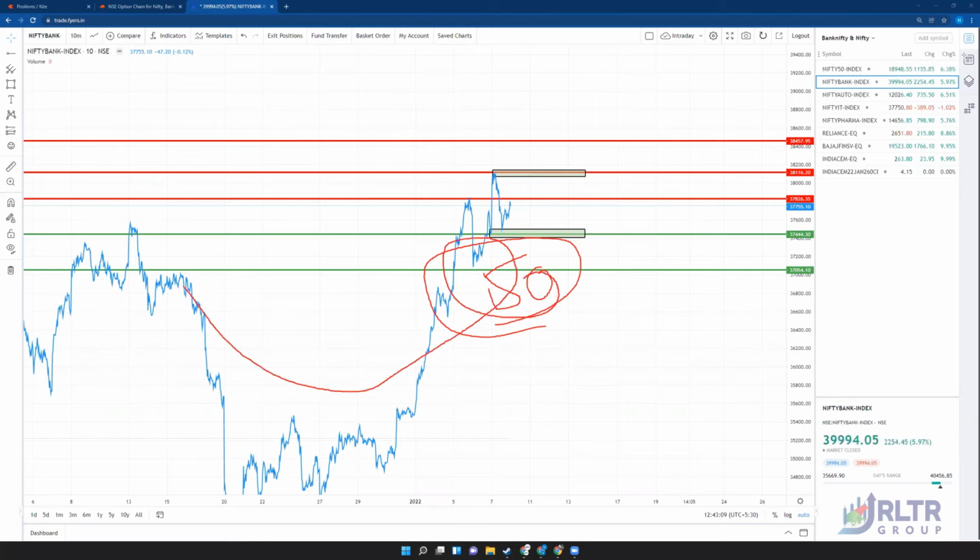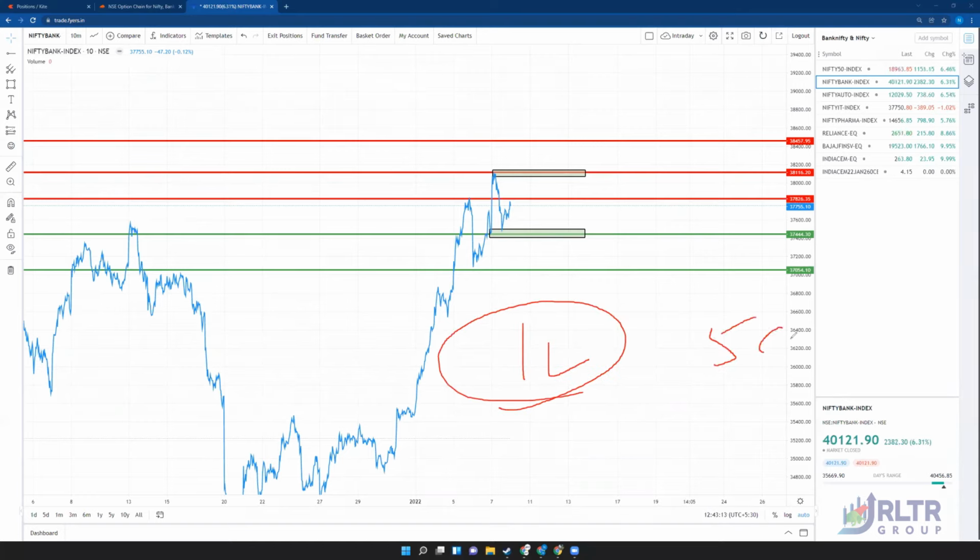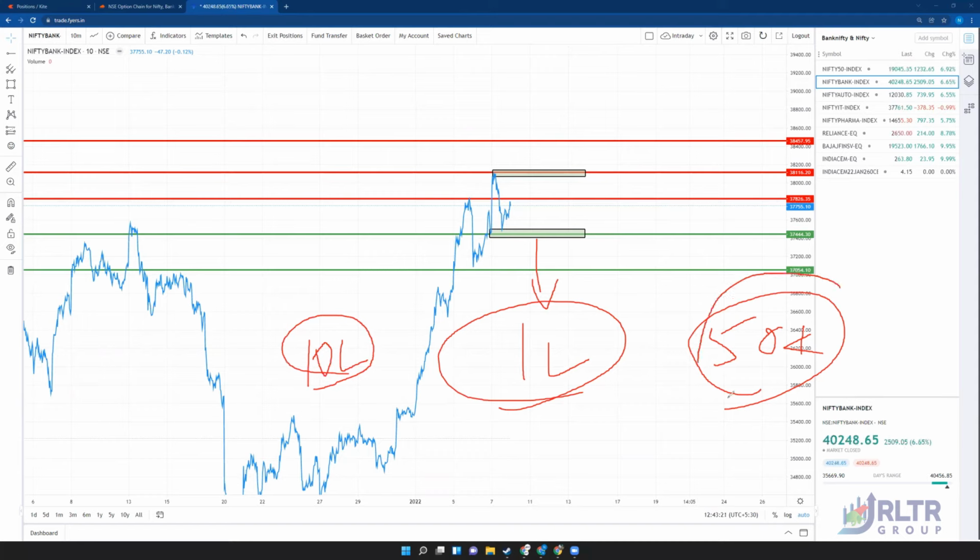If you have a small account, say 1 lakh rupees, and you're consistently able to make 50K, then if you can generate a capital of 1 lakh, you will also be able to generate a capital of 10 lakhs. And when you're confirmed about the setup of how to make those 50 points, you can actually make 1 lakh per day with 10 lakhs. So your dream will come true.